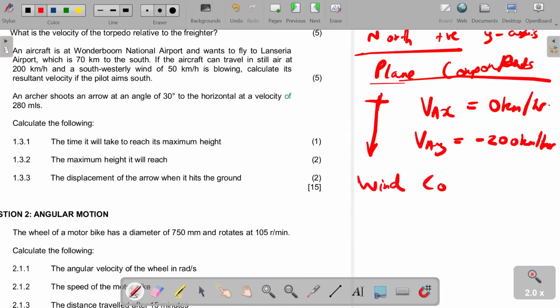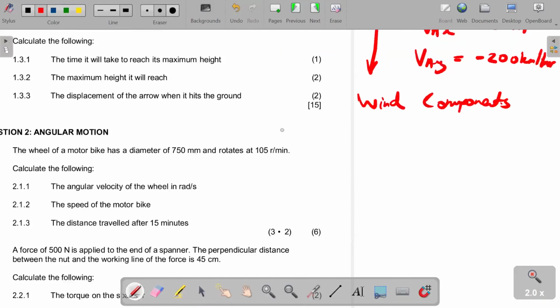Let's now go to the wind components. With the wind components, we are saying VAX is equal to VWX, the horizontal component of the wind.